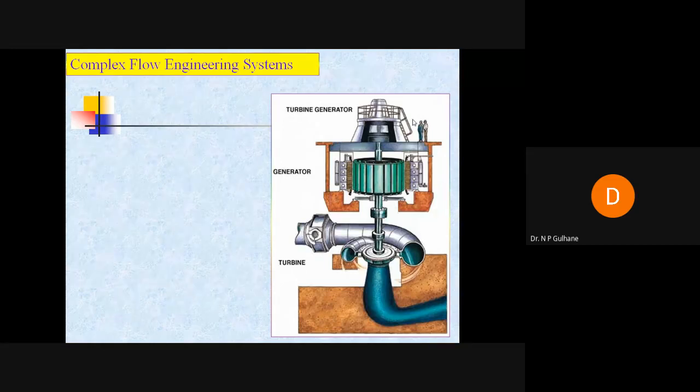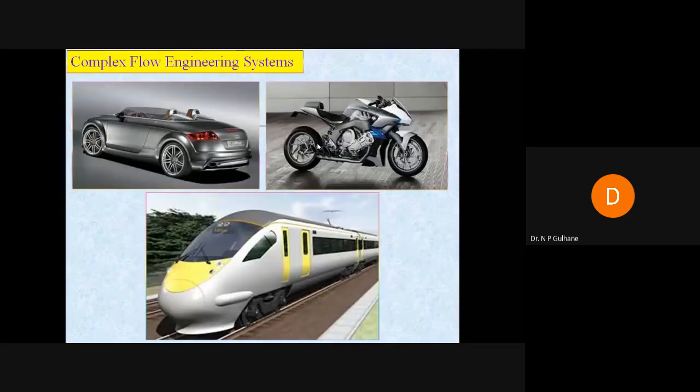So for this type of manufacturing of the turbine generator in a thermal power station, this unit of turbine coupled with generator, this complex design we can also study before implementing in actual industry, in an actual thermal power station. You can see here three different types of figures: the bullet train, the sports car, the sports bike. We have such types of design.